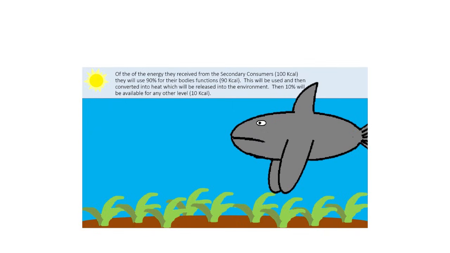Then we had that bluefish that went and ate the goldfish, and the same rules apply. 90% will be used by the goldfish, 10% will be stored in their body. 90% of whatever they get for the bluefish will be used, and 10% will be stored in their body. And then here we have the large, we'll say it's a whale, that just ate the bluefish, and 10% of whatever was in the bluefish is available to the whale.